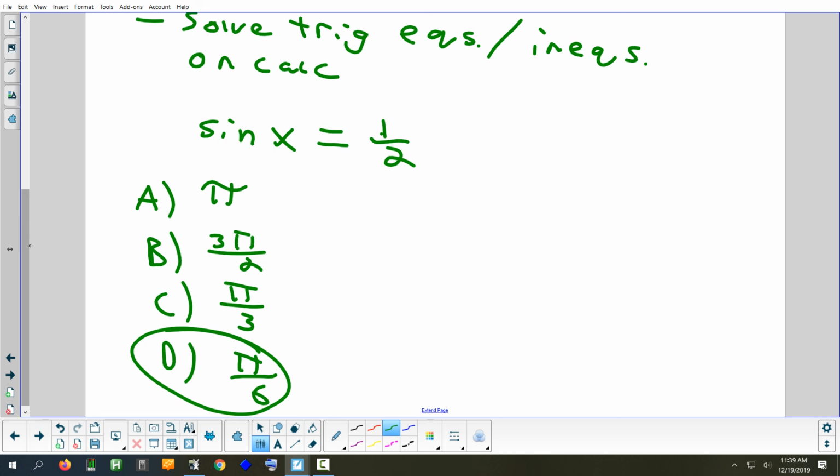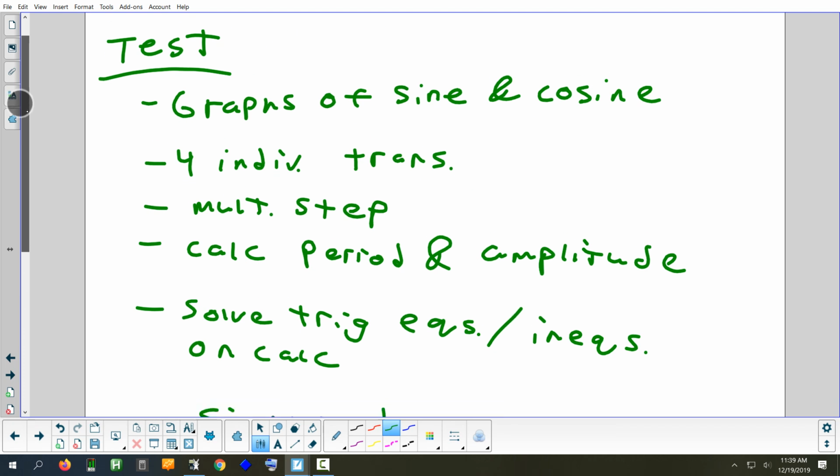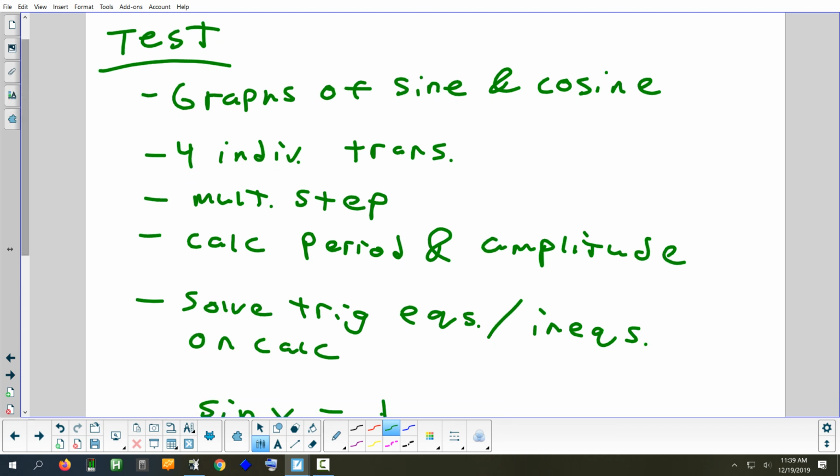All right. And that's it. That's everything that's on the test. So mostly graphing. I think there's 5 graphing problems, and those are going to be worth 55 points. So this part right here, pretty sure that's worth 55 points. 5 questions at 11 points each.